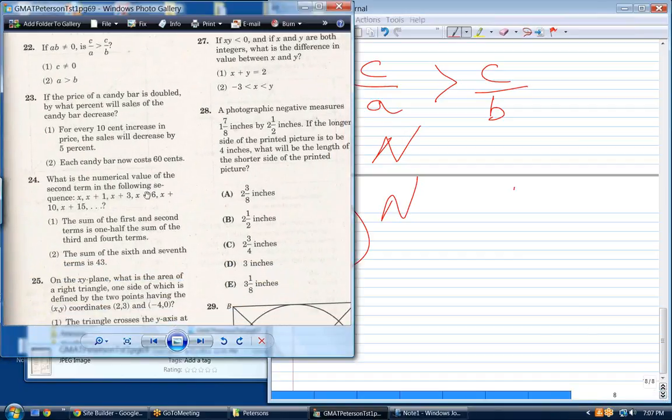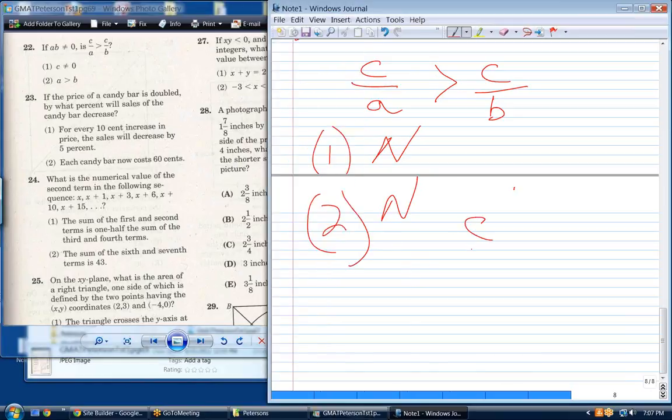I don't think so. Well, what I don't understand is that, so in number 2, I guess C could have been negative as well. Right, but I don't think that matters. In other words, if C is negative as well, C over A would still be greater than C over B because we would have a, no it wouldn't, would it?